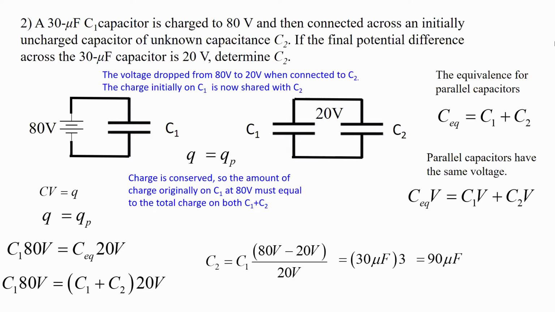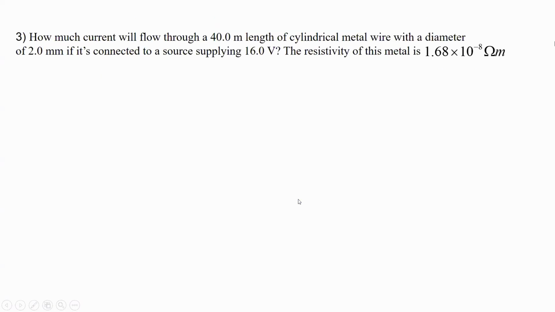All right. Let's see. Okay, we want to determine how much current will flow through a 40-meter length of cylindrical metal wire. It has a diameter of 2 millimeters. Now be a little careful on the exam if this is given as radius versus diameter.